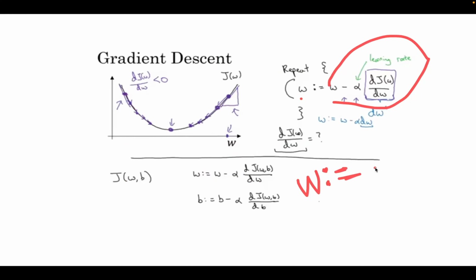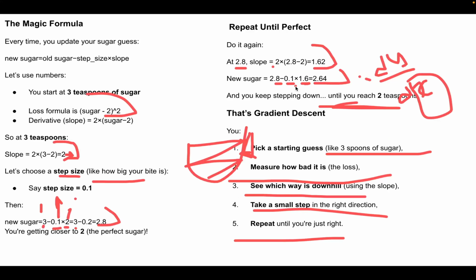So we pick W, which is our current value. Let's say our value was 2.8, or let's say it was 3. We subtract from it the learning rate, which is 0.1, multiplied by 2, which is the slope.